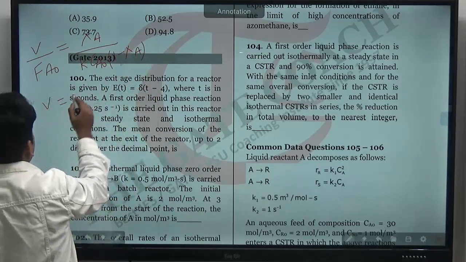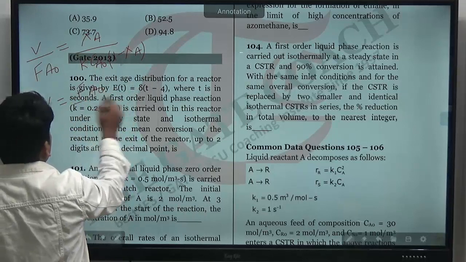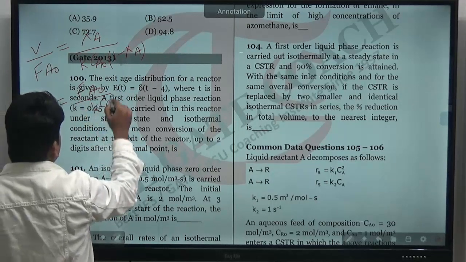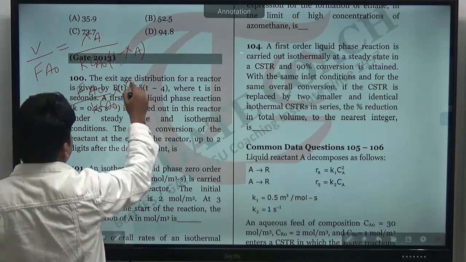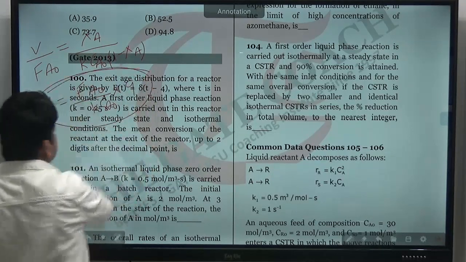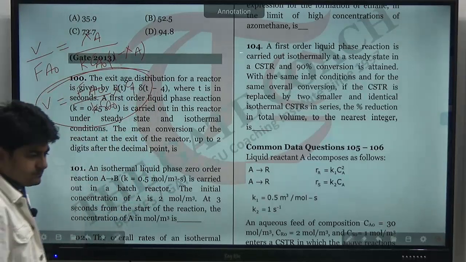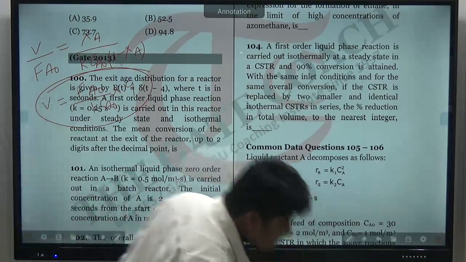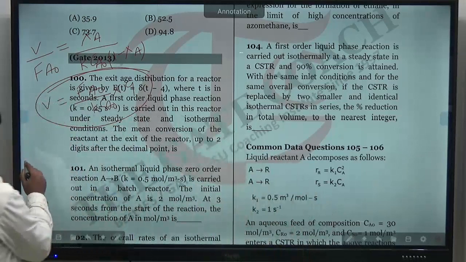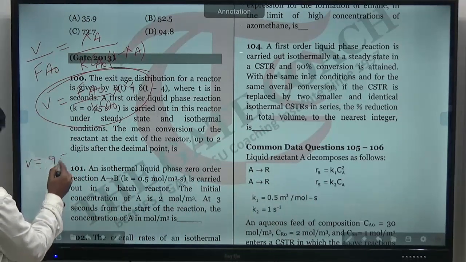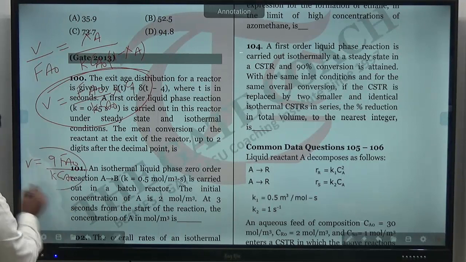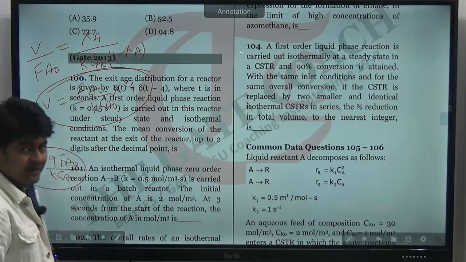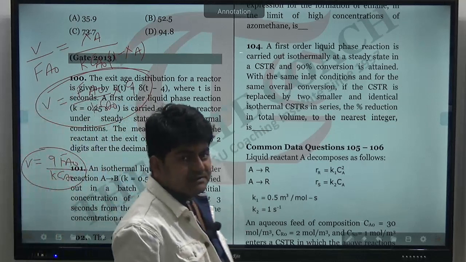So the conversion is given as 90%, so when you put the values, you will get V equal to FA naught upon kCA naught multiplied by 0.9 upon 1 minus 0.9, that is 9. So V will be 9 times FA naught over kCA naught. Okay, this is what is coming out.